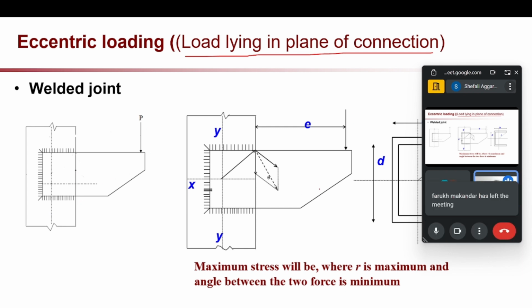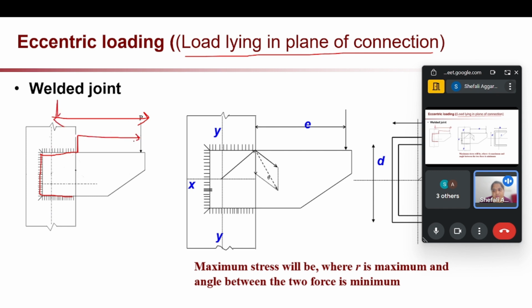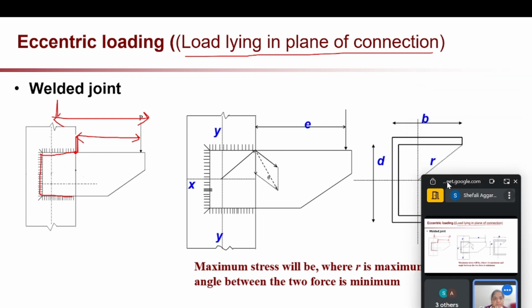In the welded joint, one plate and the other plate are welded at this area, and then the load is acting at this point. This is our distance from CG, given as our eccentricity at this edge, because this is a weld joint. So this is not a point load, it is a complete area load. That's why we take eccentricity from this point.